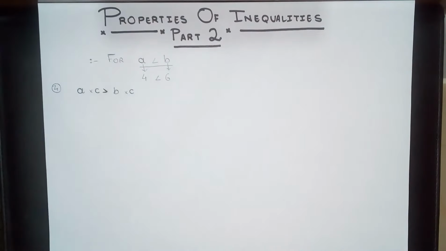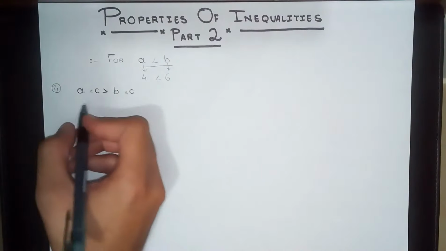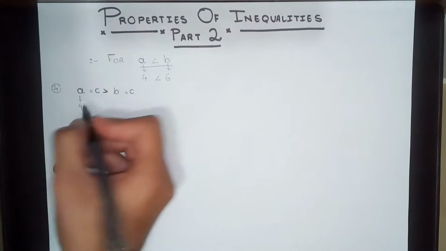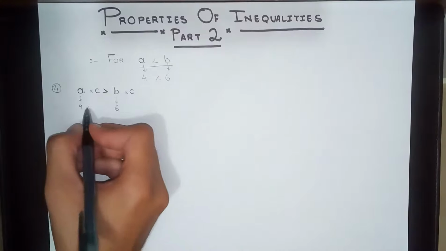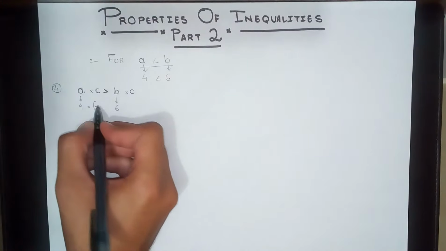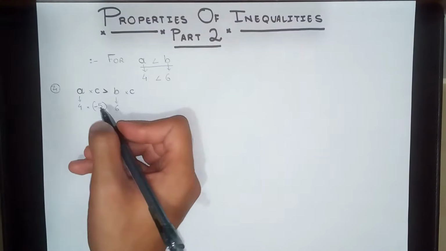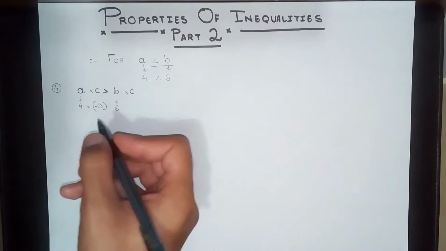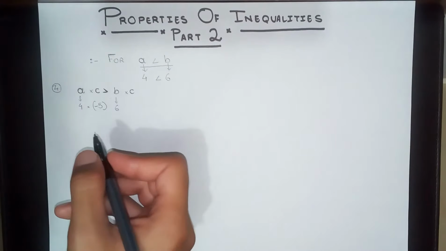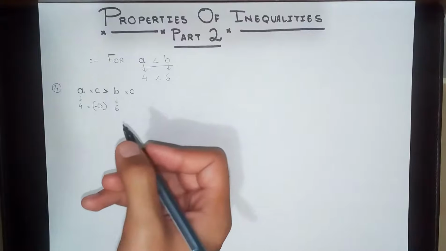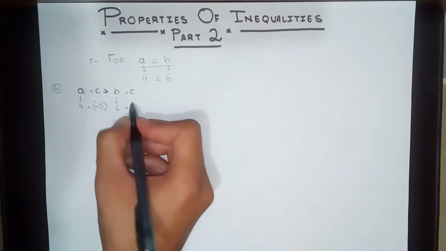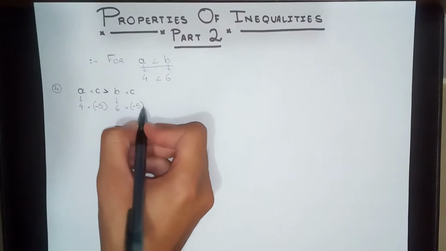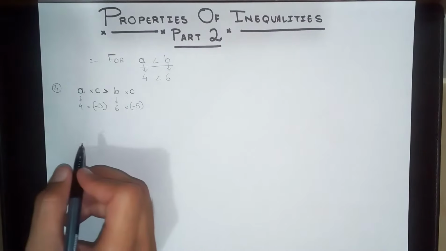Now let's actually prove this. We're going to be using 4 as I have told you, and 6 for B. C can be any negative number, okay? So -5. And I actually forgot to tell you that in the third inequality property, C could be any positive number, okay? So right now we're going to be using any negative number.